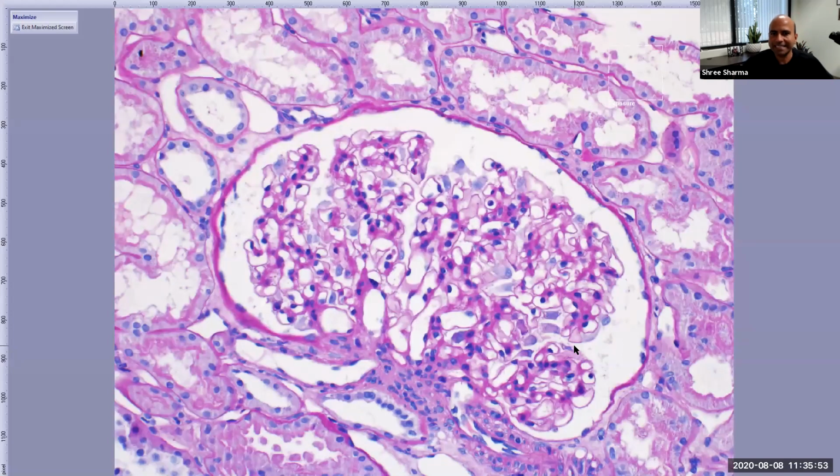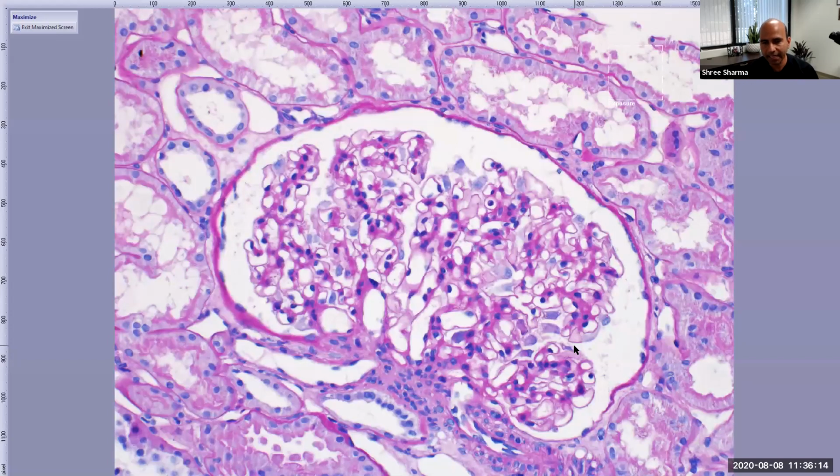So when you see a perihilar lesion of FSGS, the next question you ask yourself in the FSGS classification is: is it an adaptive form? Is my kidney working too hard to filter? What are some scenarios where a kidney is going to work too hard?